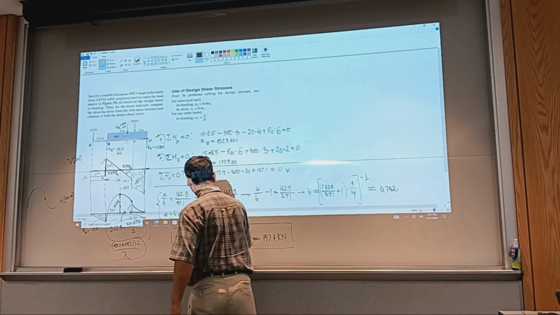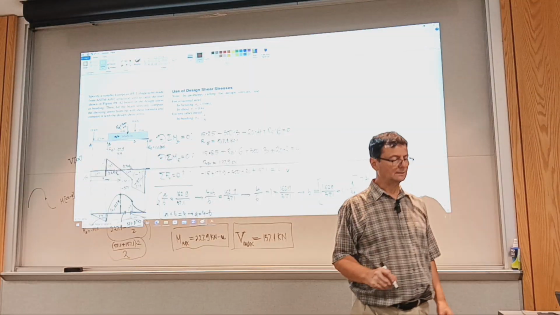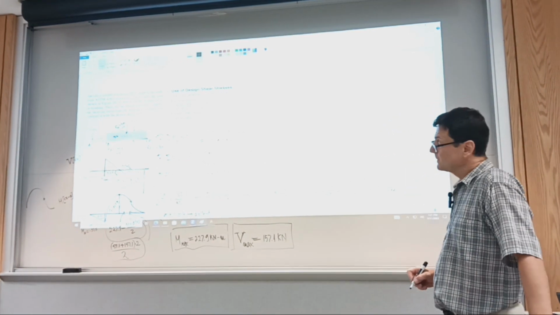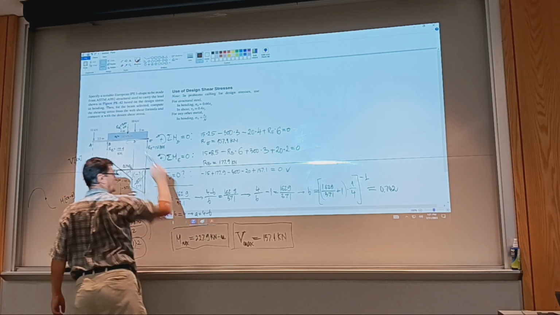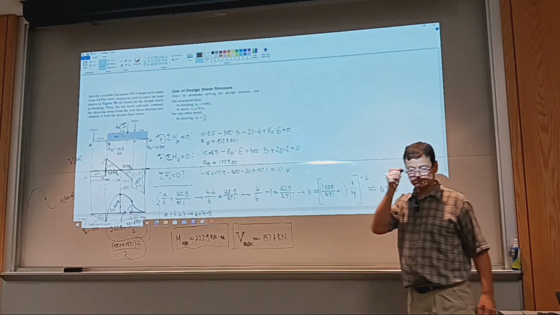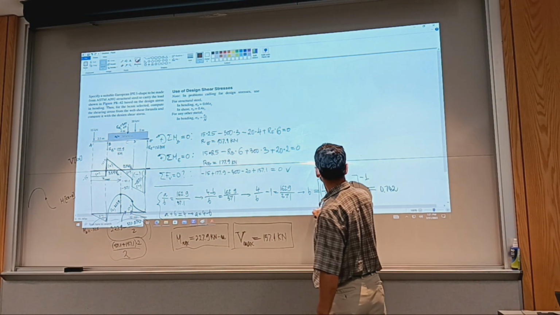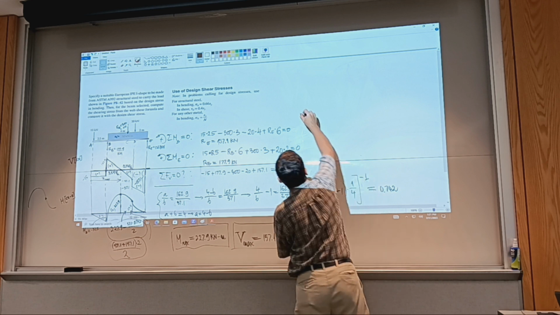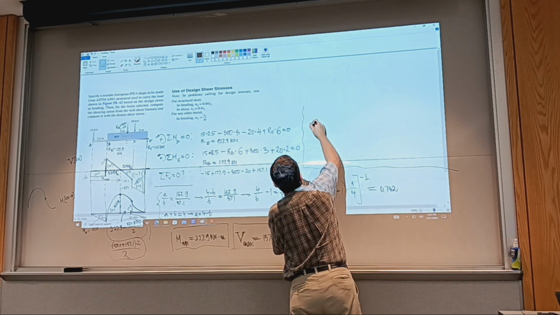I need to use the maximum moment to select an I-beam, as it says here, so a W shape, and then verify for that what the design factor is. Okay, so let me delimit some space here where we're going to apply the flexure formula.